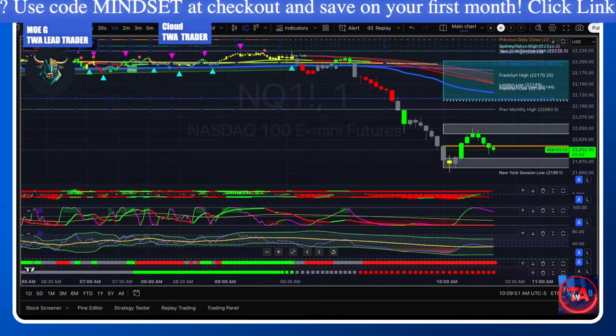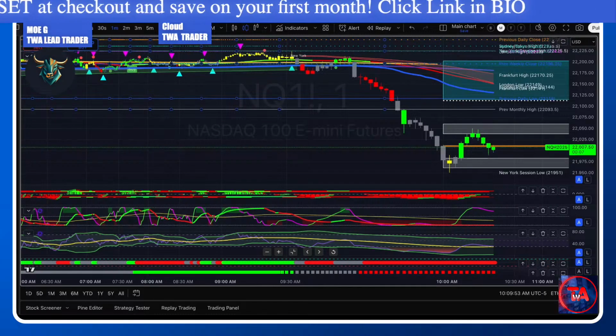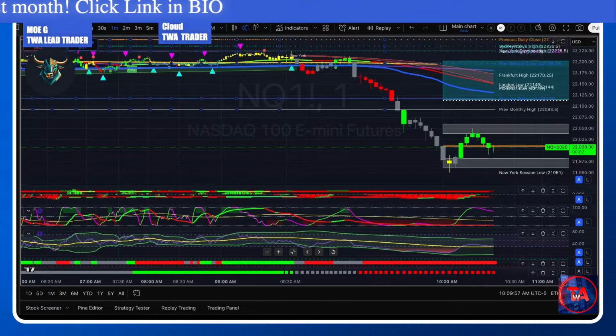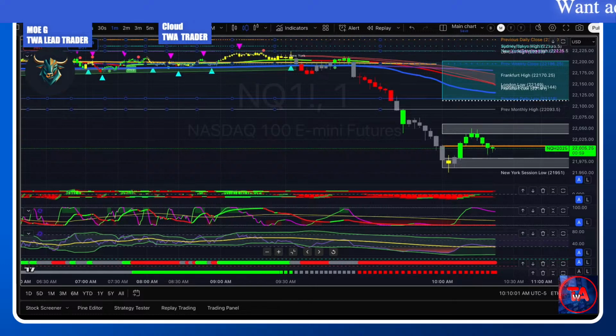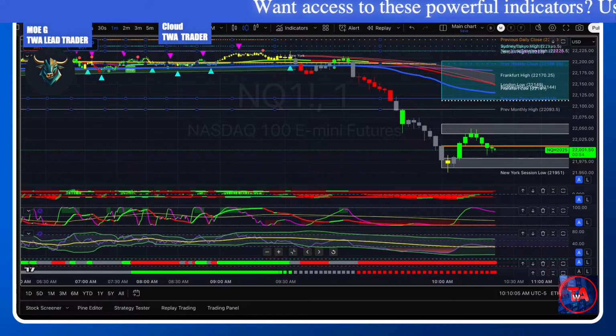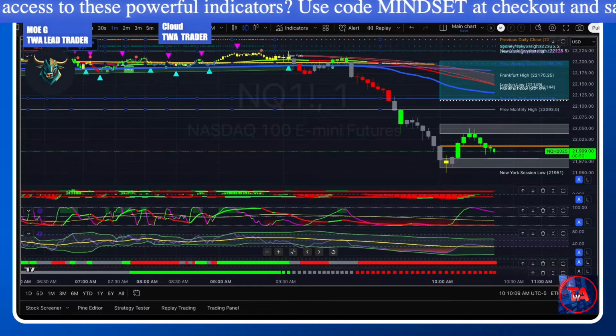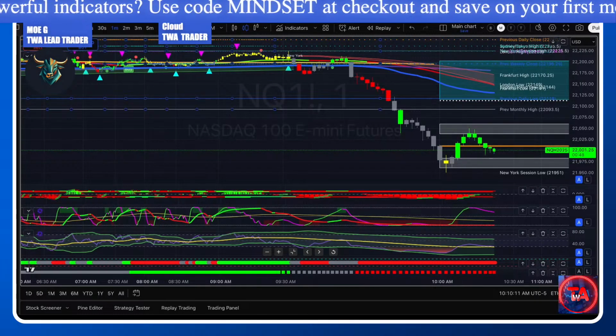X out of this because I'm not trading anymore here. And I'll X out of this one too. It's either gonna give me in or it's not. All right, so that was interesting.